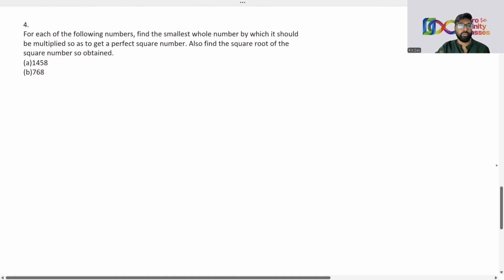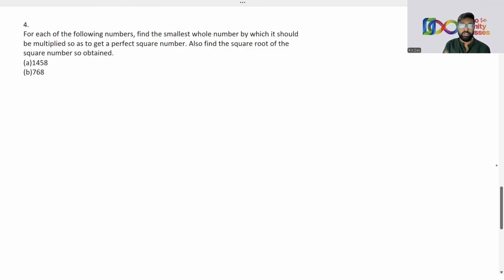Now question number 4. Question number 4 is: for each of the following numbers, find the smallest whole number by which it should be multiplied so as to get a perfect square number, and also find the square root of the number so obtained.